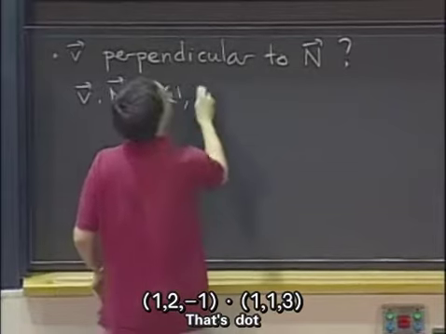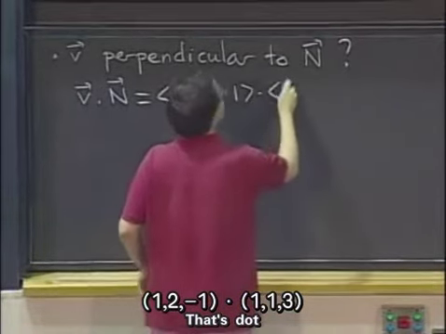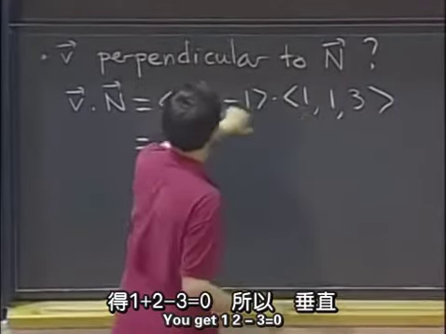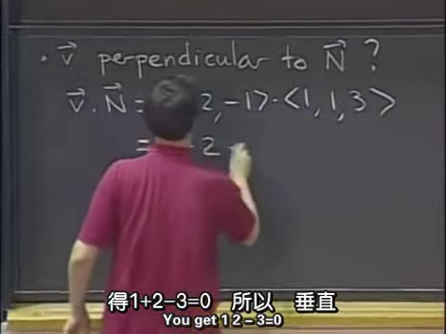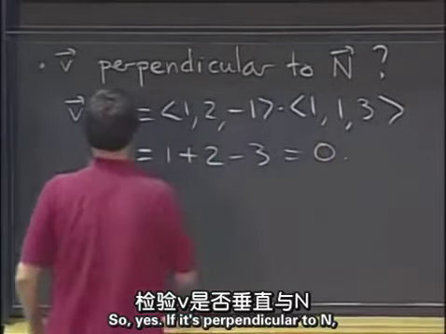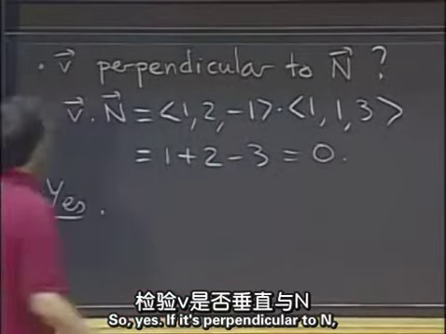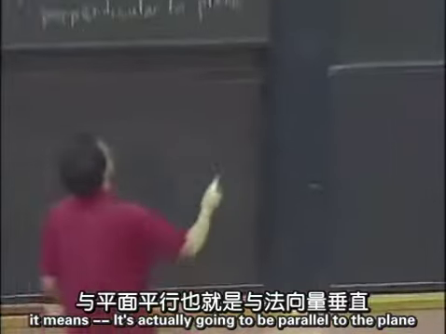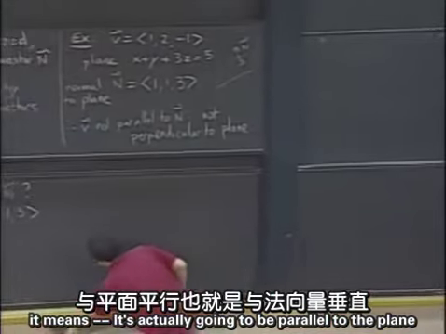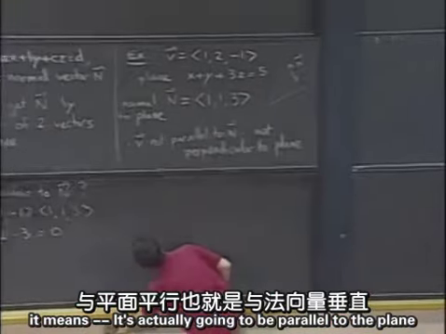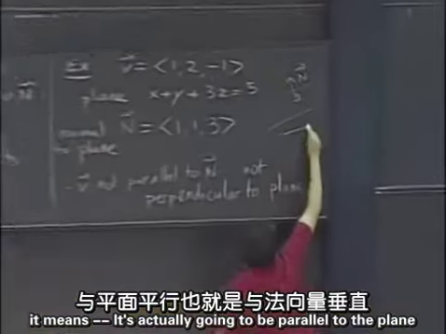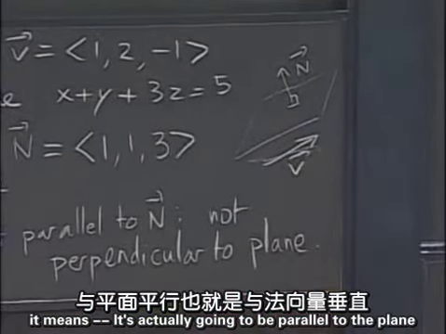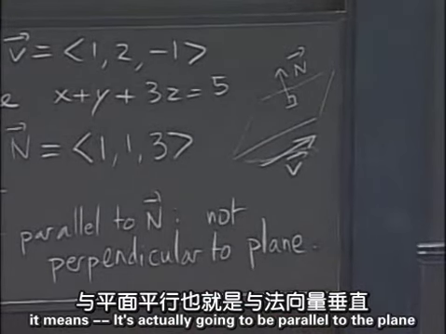That's 1, 2, negative 1 dot 1, 1, 3. You get 1 plus 2 minus 3. That's 0. So, yes. So if it's perpendicular to n, it's actually going to be parallel to the plane.